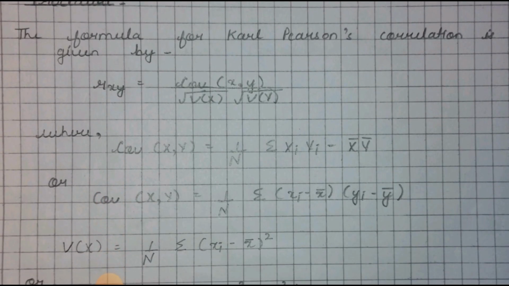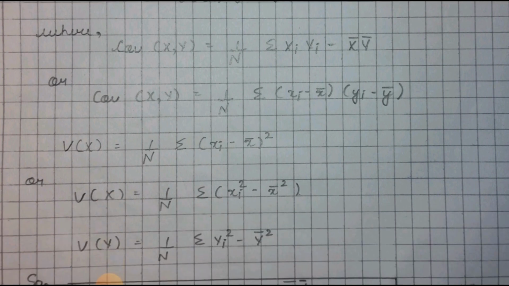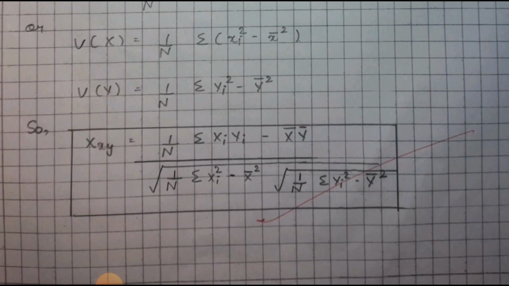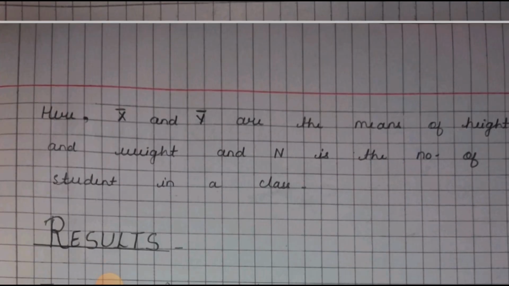Procedure: the formula for Karl Pearson's correlation is given by, here x bar and y bar are the mean of height and weight, and capital N is the number of students in a class.